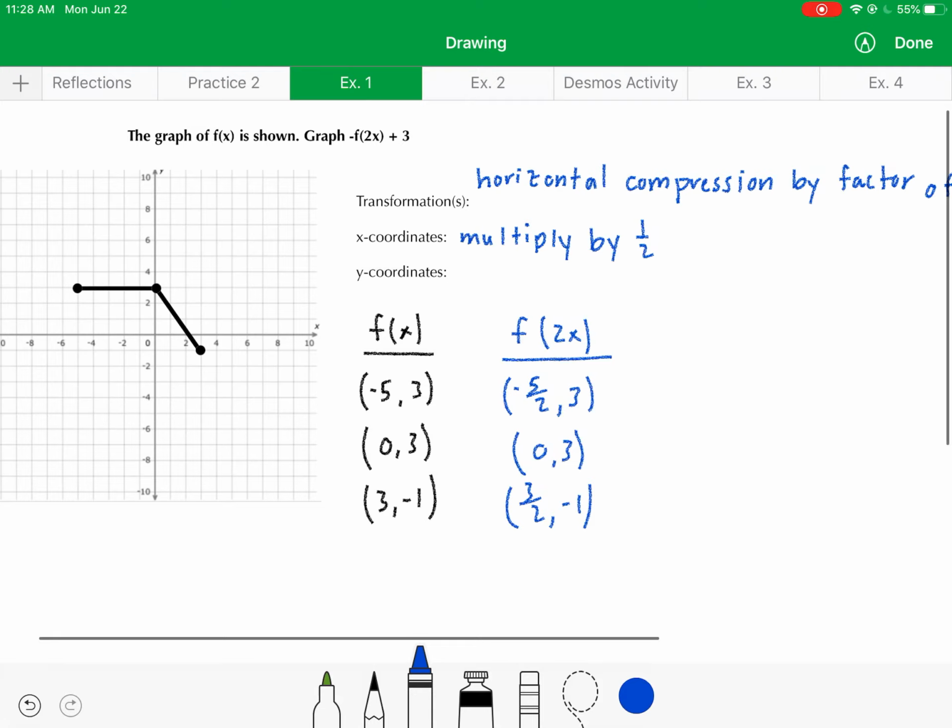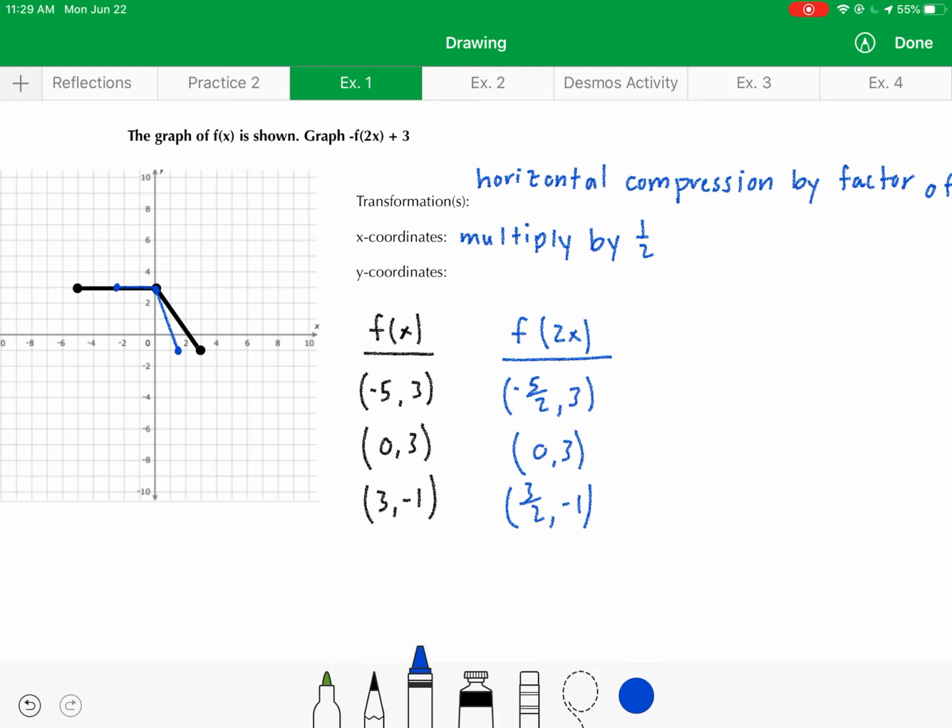Okay, now let's plot those. Okay, so there you can see that horizontal compressing effect taking place. I think of it like the black graph is just being sandwiched from the left and the right.